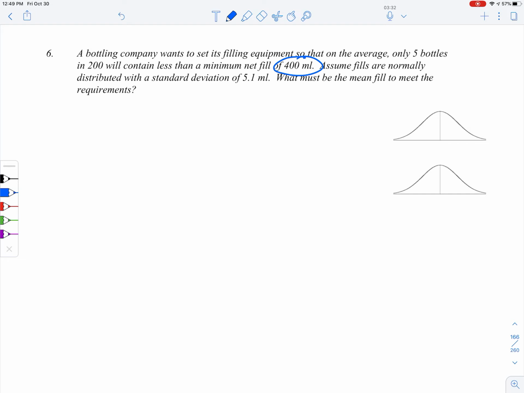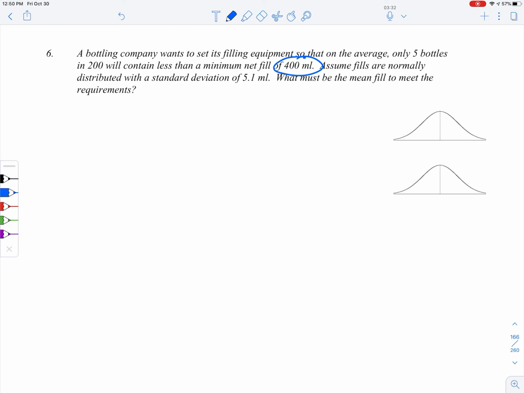You don't do that because that means that half of them are going to be higher than 400 mils, and then half are going to be lower. And most of them are going to be fairly close because of the processes that they're using.